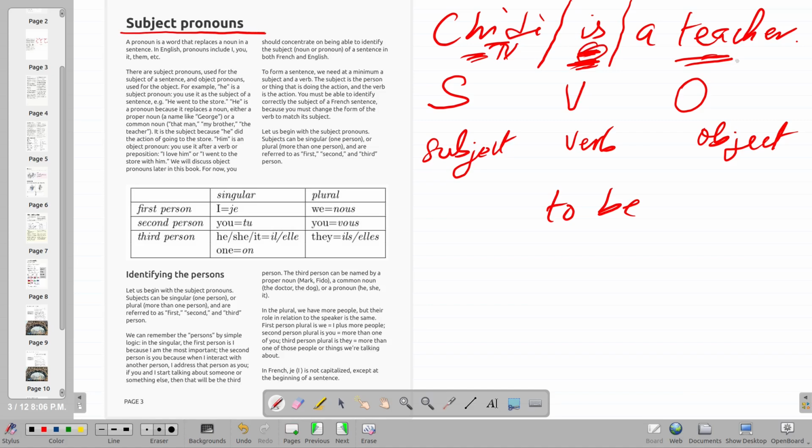Now, on the other side of the verb, what is on the other side of the verb is a complement. It's an object. The object completes the sentence. So you can see Chidi is what? Complement. Teacher. So teacher is a noun too, but it is the object of this sentence. It is on the other side of the verb. So when we talk about object in grammar, we're not just talking about inanimate objects like car or whatever.